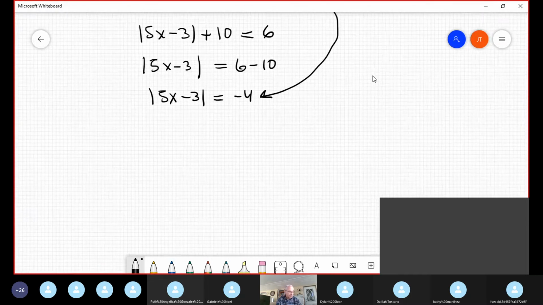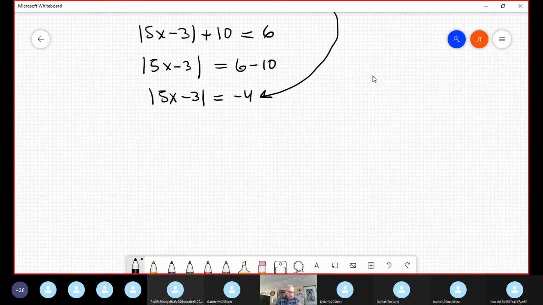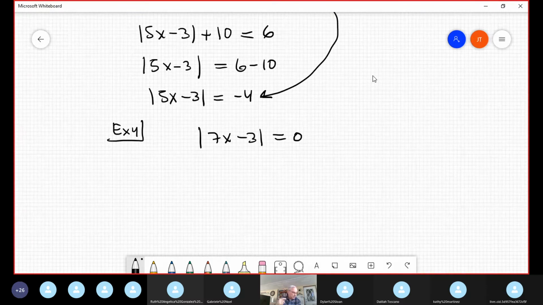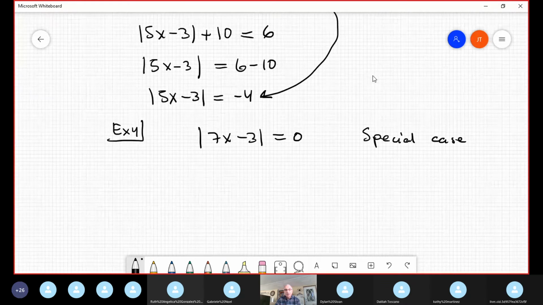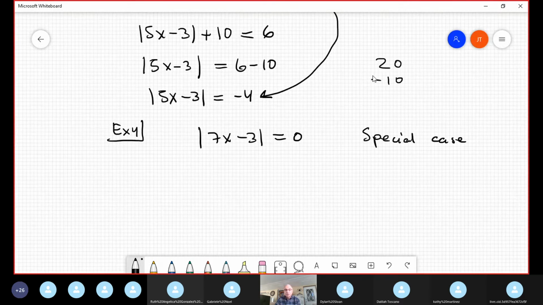Okay. Example 4 brings also a new idea: when the right-hand side is 0. Suppose absolute value of 7x minus 3 equals 0. This is also a special case. The regular, ordinary case is when the right-hand side is a number, suppose the number 20. If it is negative, no solution. But if it is 0, it's easy because 0 is possible.